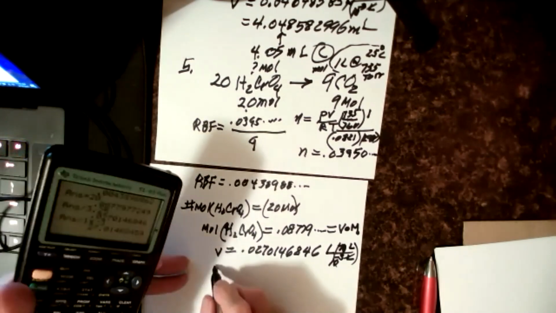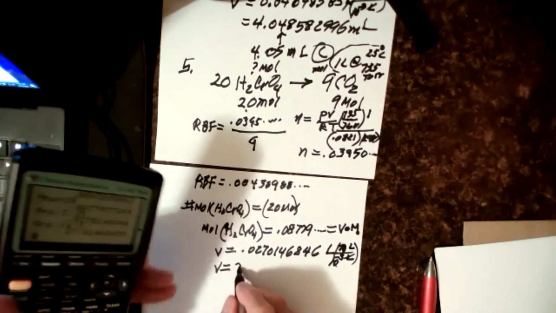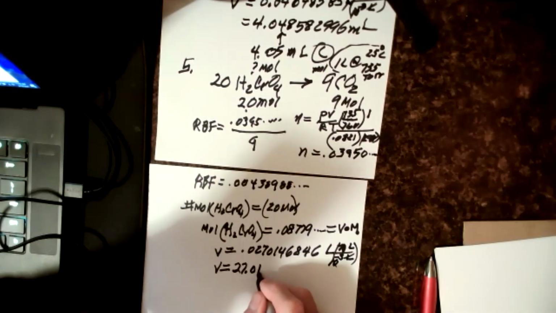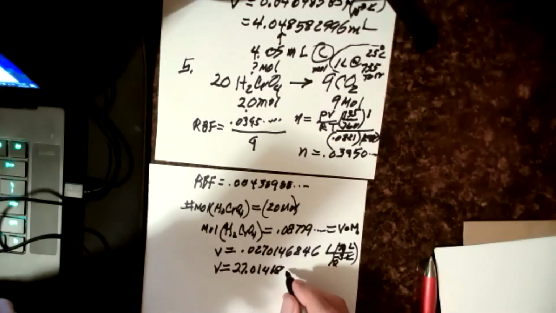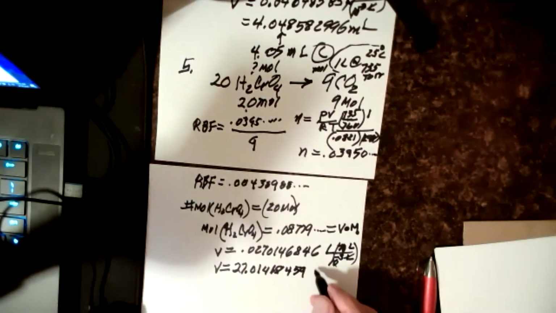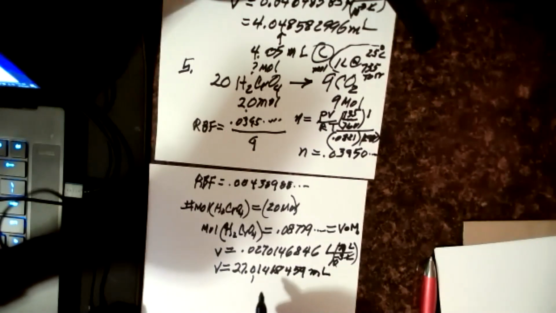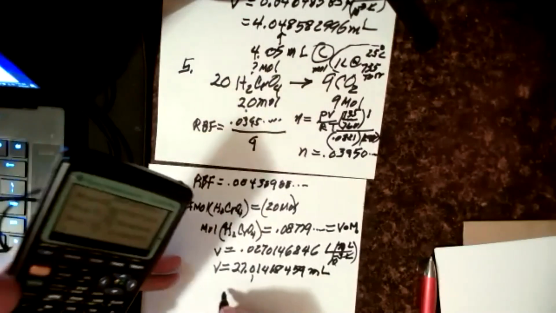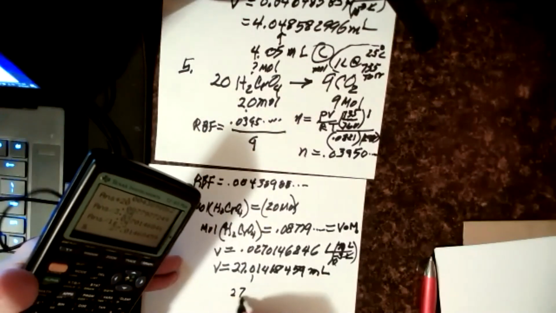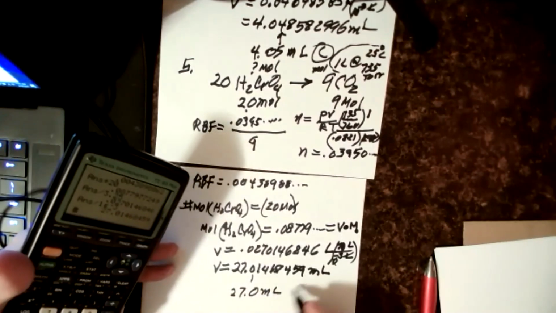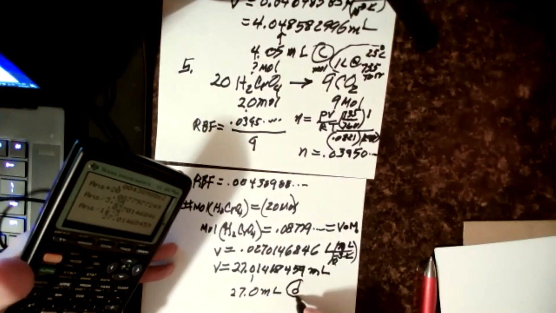And I'm coming out now with the volume in milliliters as 27.01468459. That's all my digits. And that's now in milliliter units. And I've got 3 significant figures allowed. So the answer should be 27.0 milliliters. That is response D. So we're good.